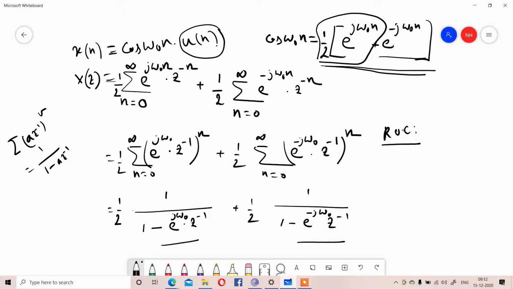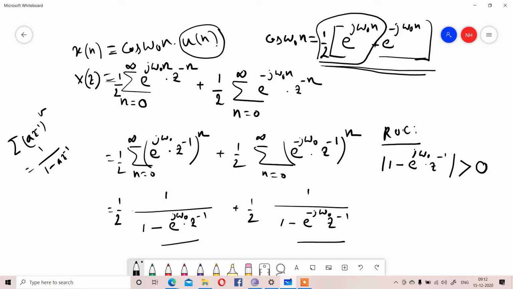ROC will be what? That term 1 minus e to the power jω₀ into z inverse must be greater than 0.